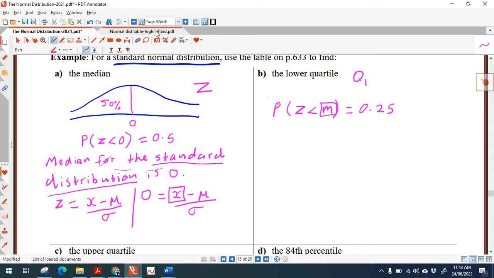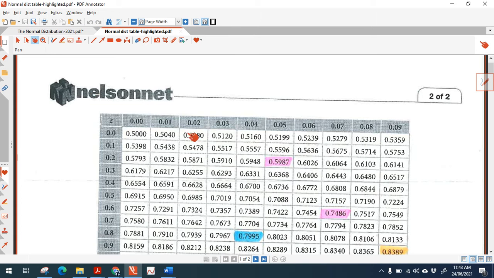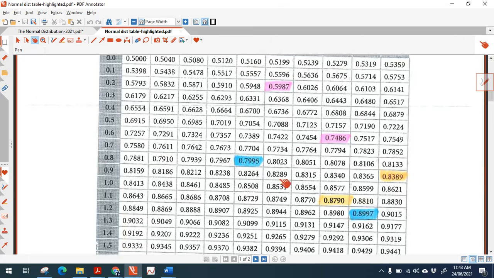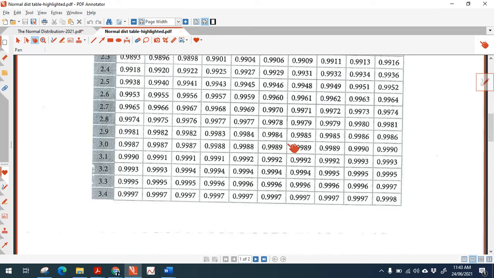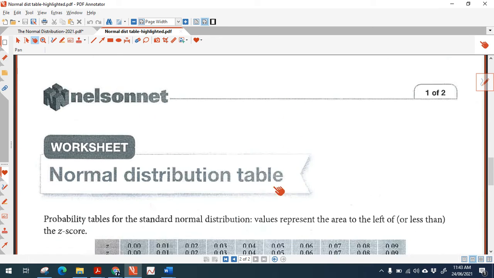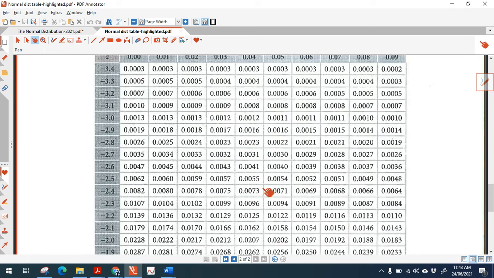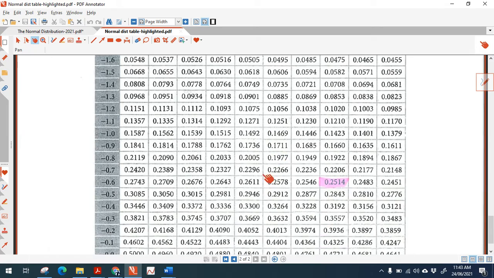So let's go to the table itself. Here it is. How do I know to go to the negative? Well, 25% of the data will be to the left of the median, won't it? So if I come down here, I've got to keep scrolling.